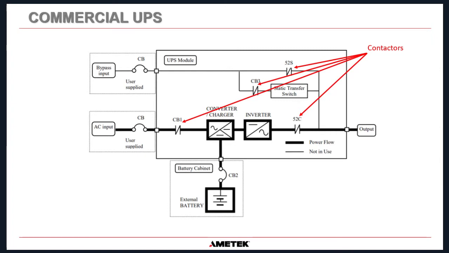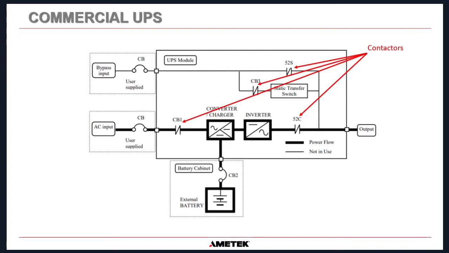They don't want the DC to be able to propagate back onto the AC supplies. So they have control circuits that open contactors, CB1 in this circumstance and 52C, if there is a problem within the UPS itself, to stop the DC from the battery getting back onto the AC input or the output circuits.